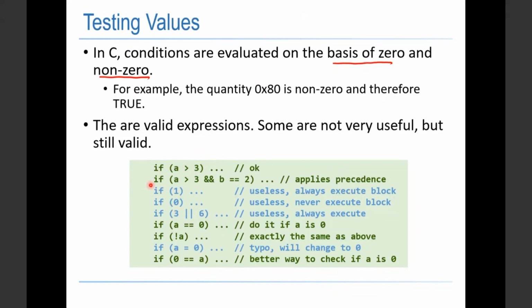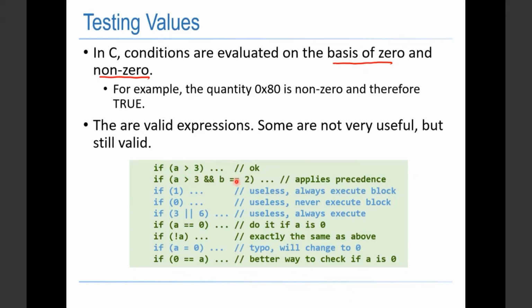And if you want to check two conditions, you can put if A greater than B and, with this symbol meaning you need to check first whether this one is true, and then the second one, whether this one is also true.